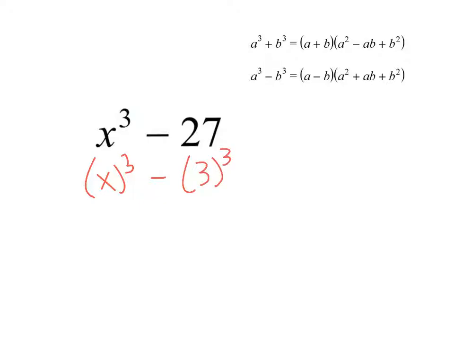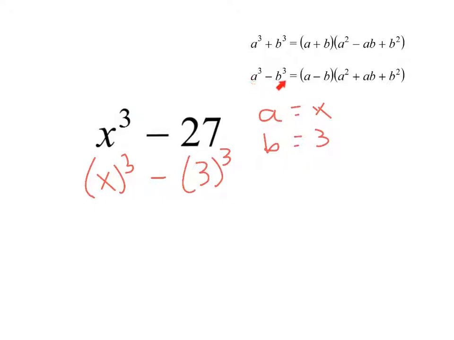So our a is actually x, and our b, as you can see, is actually 3. So we're ready to plug in this a and b, x and 3, into this identity. We're not going to plug into the top one, but the second one, because we're dealing with difference of cubes. So there's a minus here.